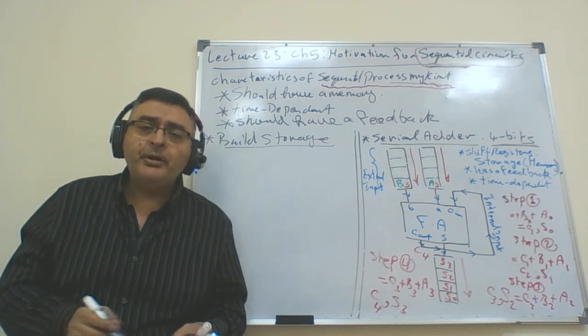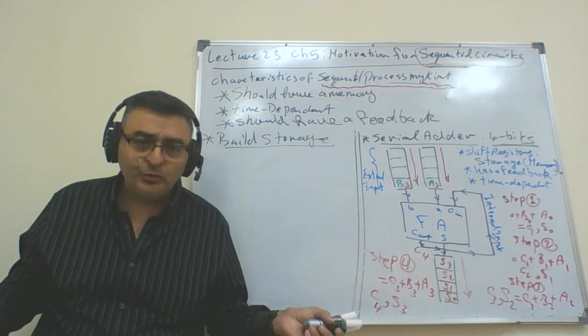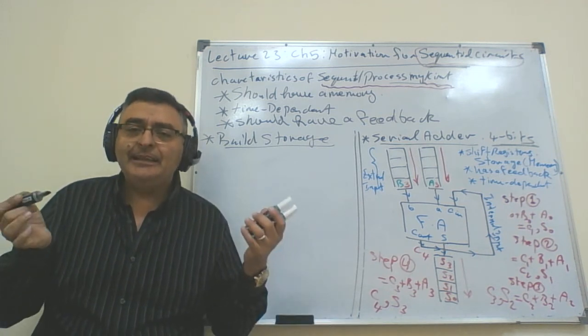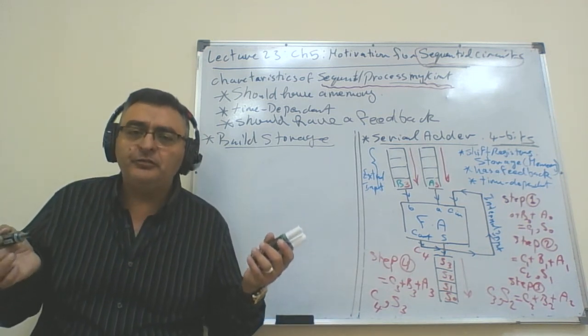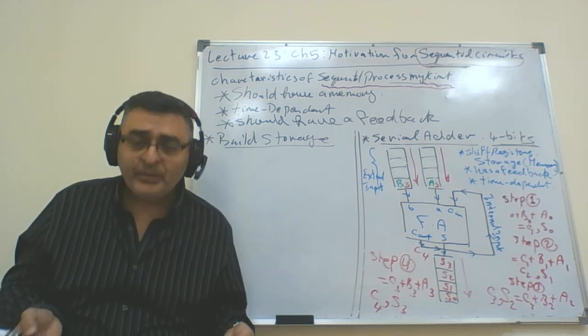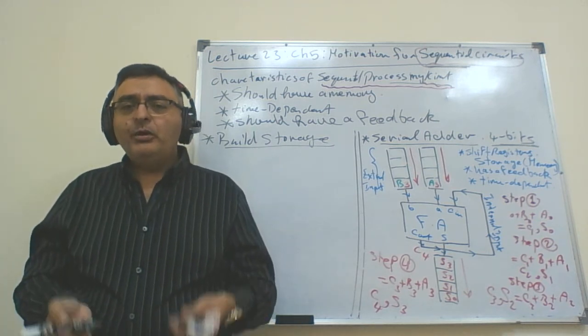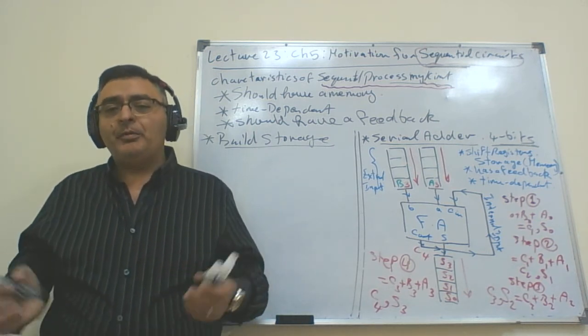We will not bring new components. We will not manufacture something new. Still, the logic gates that we have used through chapters 2 and 3, ANDs, ORs, inverters, NANDs, NORs, will be used to build the memory.